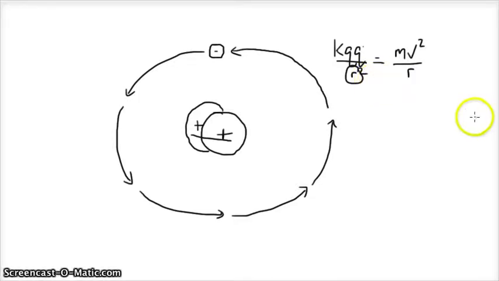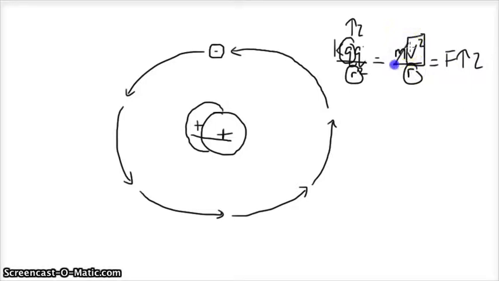The reason why our velocity increased by a factor of 1.4 was again because our charge increased by a factor of 2. So that's going to have our force increase by a factor of 2. And if our force doubles, then what has to happen to our velocity in order for this equation to remain balanced? We said that the radius was remaining fixed, and the mass of the electron is remaining fixed, so we can ignore the effects of those.